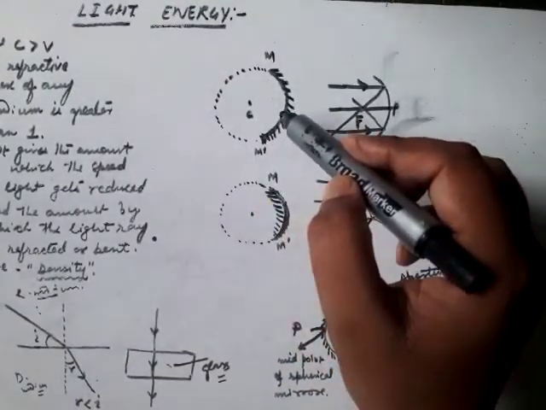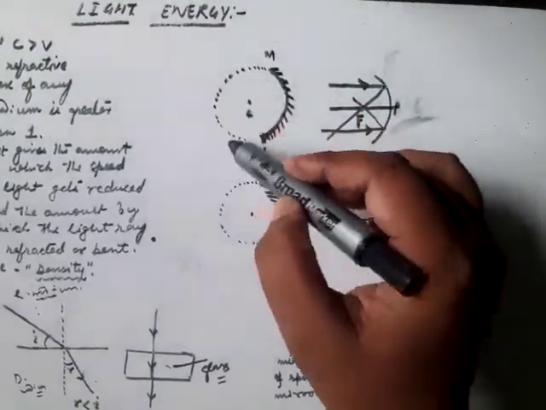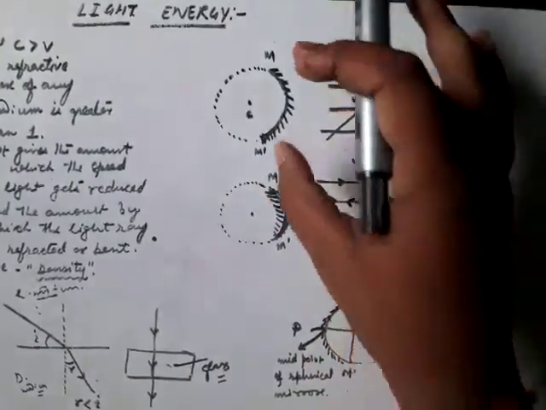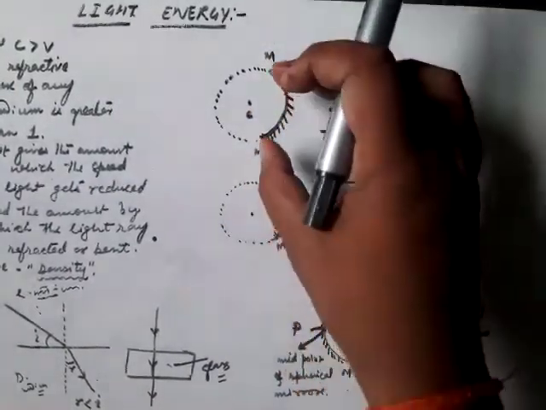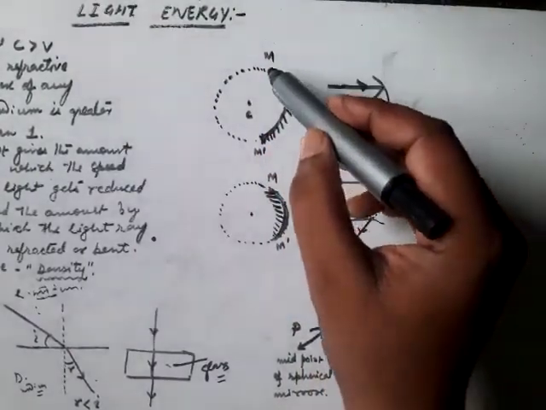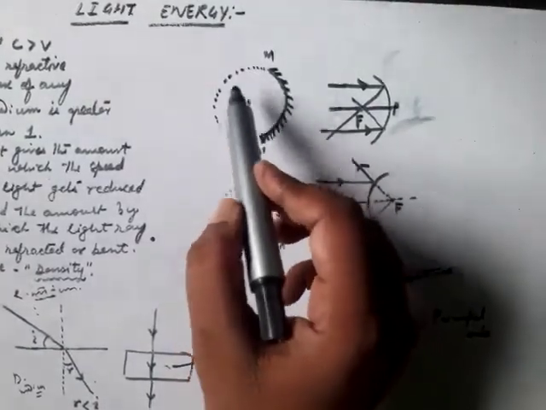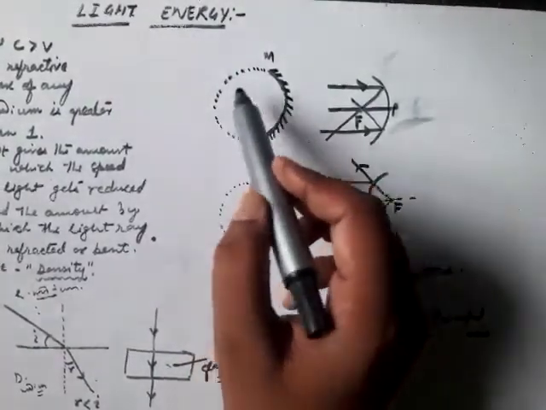We take a part of a hollow sphere and cut it out. If you paint it from the outside and the reflecting surface is on the inside, then it is always a concave mirror.